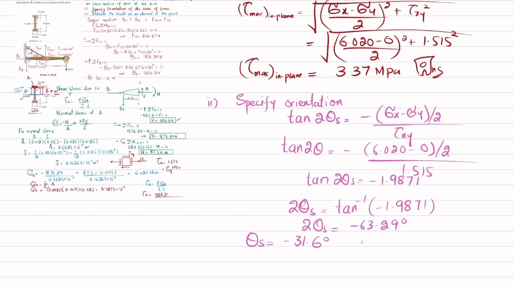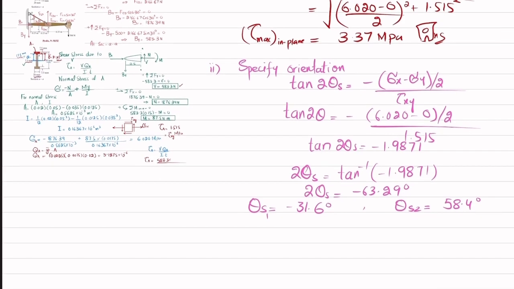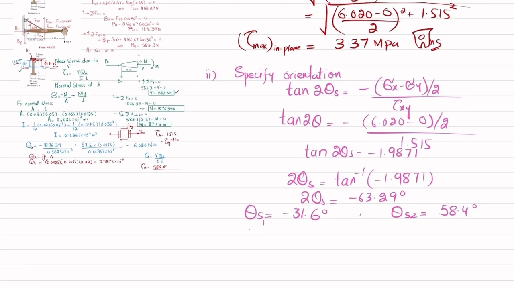And there is another plane, theta s2. This will be theta s1, and theta s2 will be equal to 58.4 degree. I will show you in a while how we will get this. Now we have the theta s1 plane at an angle of minus 31.6, which means the element rotates 31.6 degree clockwise, and theta s2 means it should rotate 58.4 degree counterclockwise.